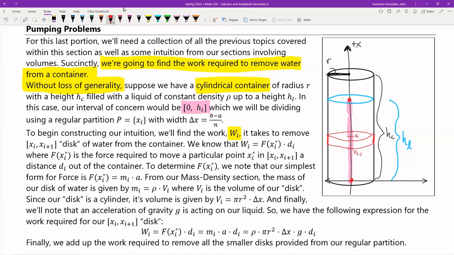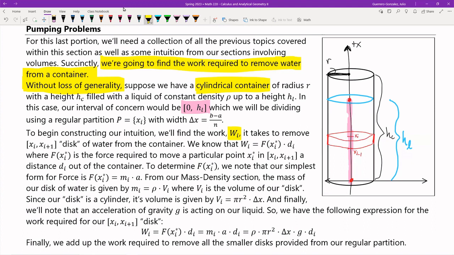This is my ith disk of water. And what I'm going to try to do is find an expression that will give me the work to remove this ith disk of water.